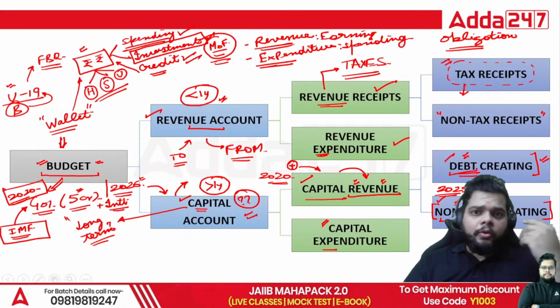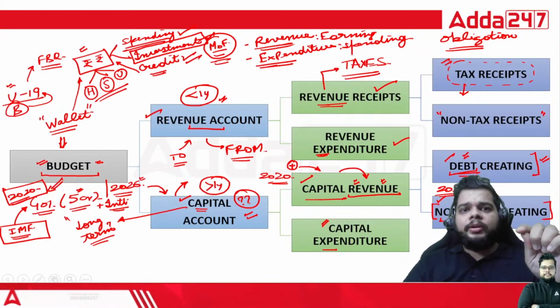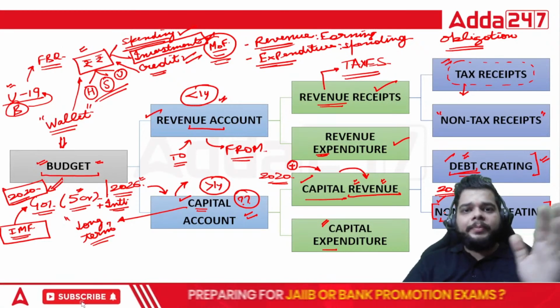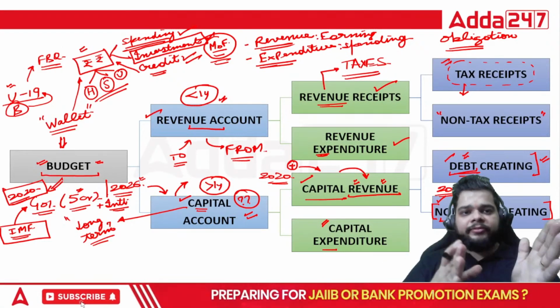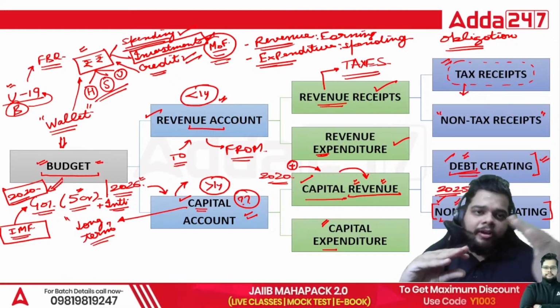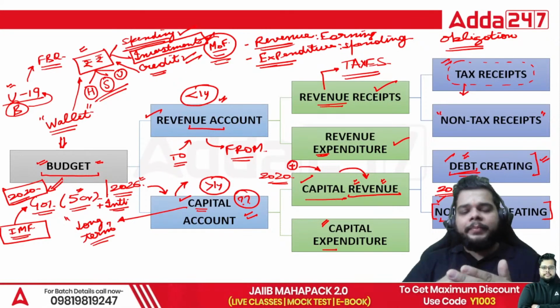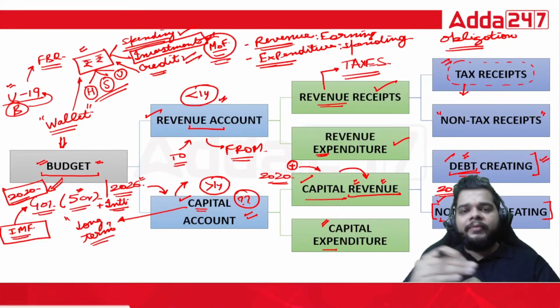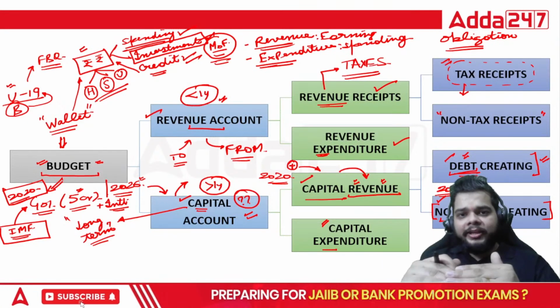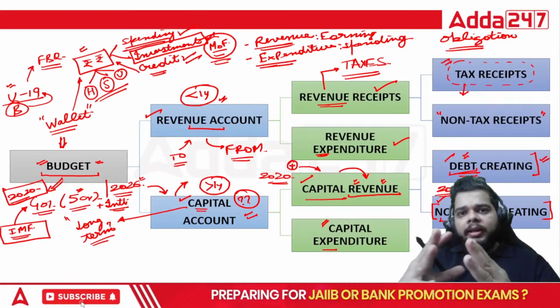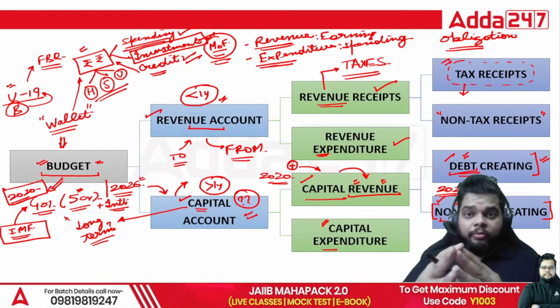Fine. So I hope that all of you are able to understand how the mechanism of the budget works. We have revenue account and capital account: revenue account for short term transactions, capital account for long term transactions. Then we have revenue receipt and revenue expenditure under the revenue account. Revenue receipt is of two types: tax receipt and non tax receipt.